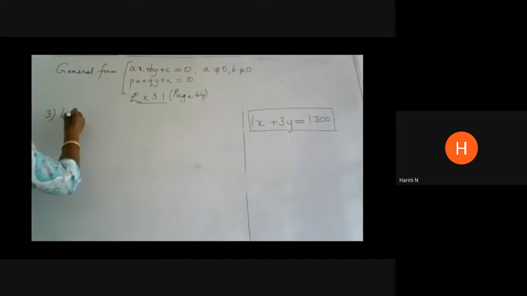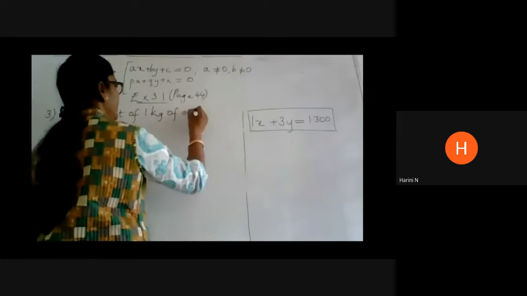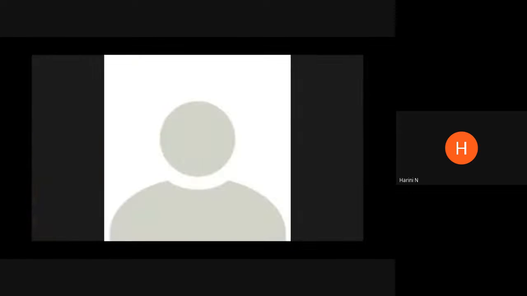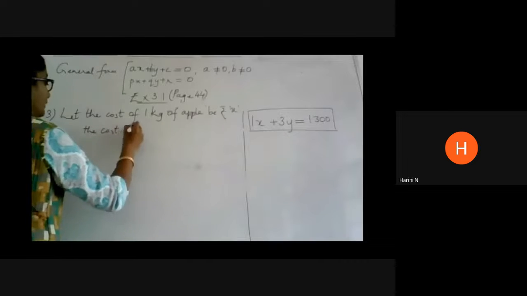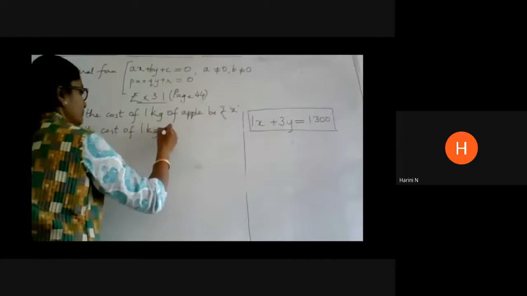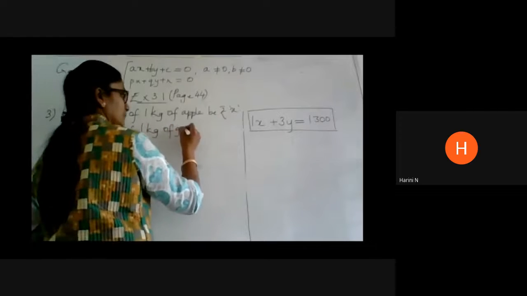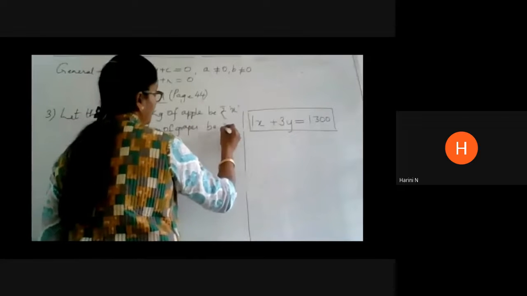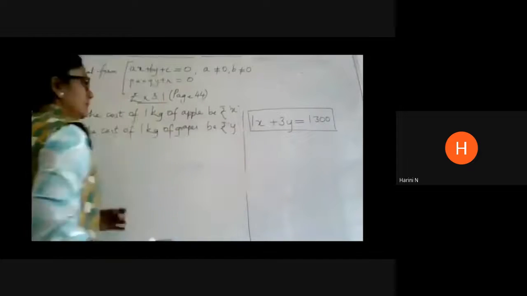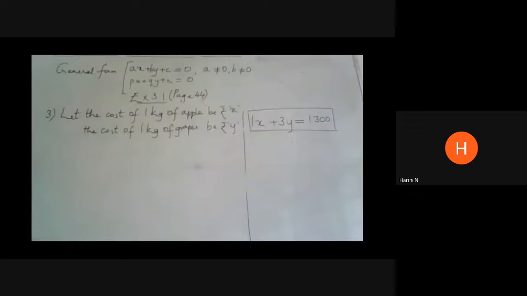Let the cost of 1 kg of apples be rupees X, and the cost of 1 kg of grapes be rupees Y. So this is how you take the assumptions.